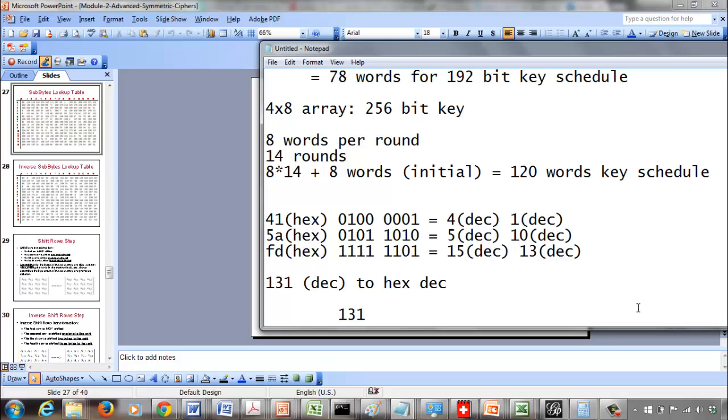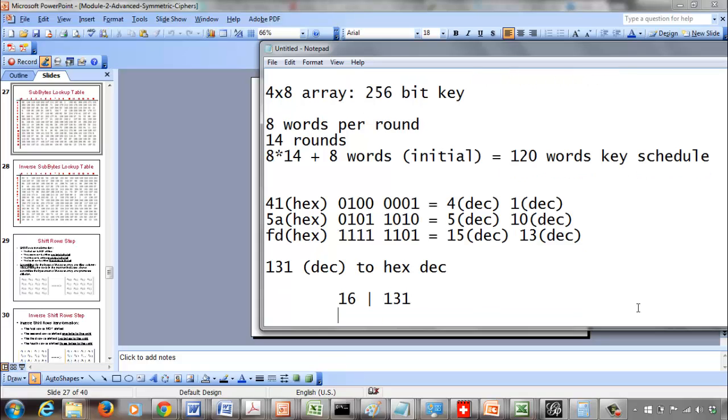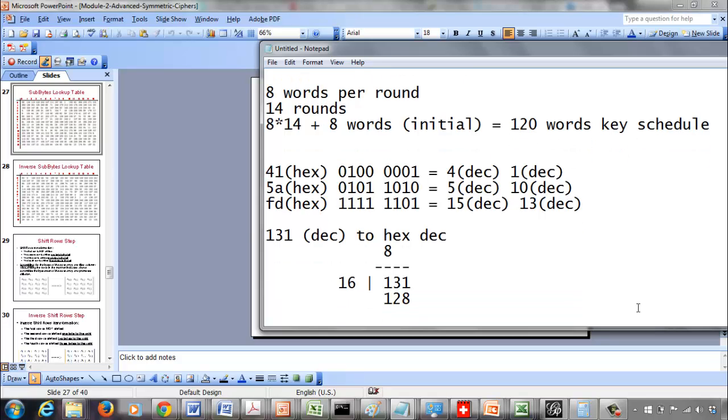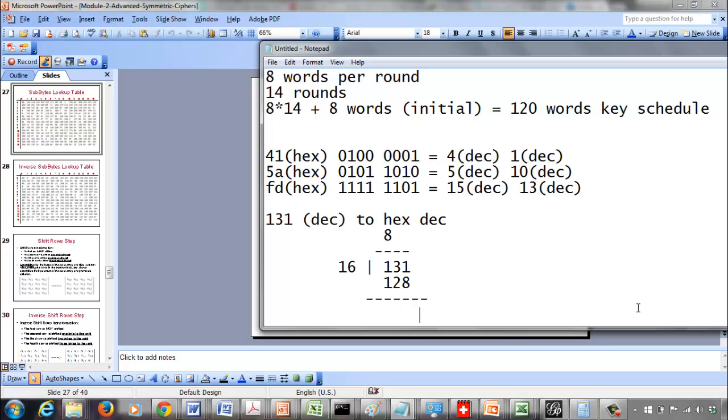Divide 131 by 16. 131 divided by 16: 128 is 8 times 16, so the quotient is 8 and the remainder is 3.